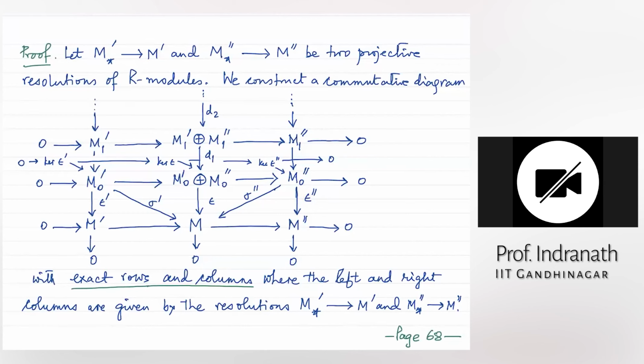Absolutely, and hence we can have a lifting from M1 double prime to kernel epsilon. Very good. So basically here you are using the exactness of this, and now you are going to use the projectivity, right? And therefore you will be able to lift it.